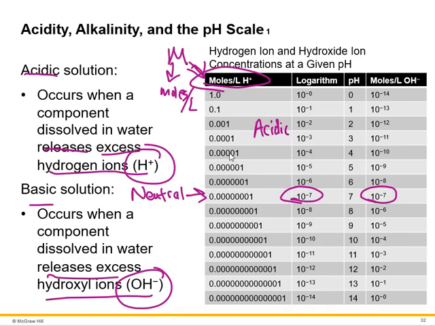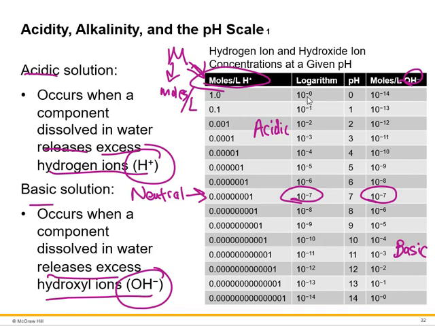It's a larger number than down here. These are bigger numbers, so they have a higher concentration of hydrogen. But if you have a higher concentration of hydroxide, then that makes them basic.